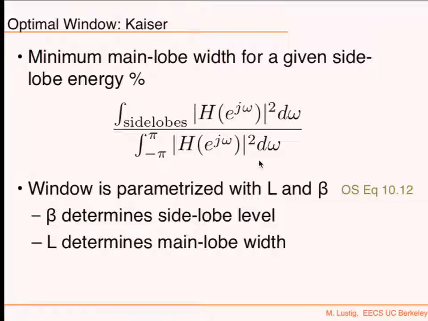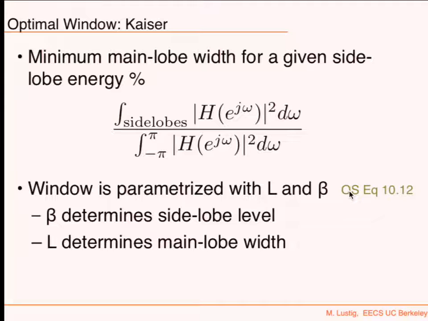It is parameterized by L and beta, and it uses a Bessel function to create the window, which is parameterized by beta, and you can look in the book at exactly how. For a given trade-off, you have a table which lets you pick the parameters that you want. But it will be optimal in terms of minimizing the energy of the side lobes.